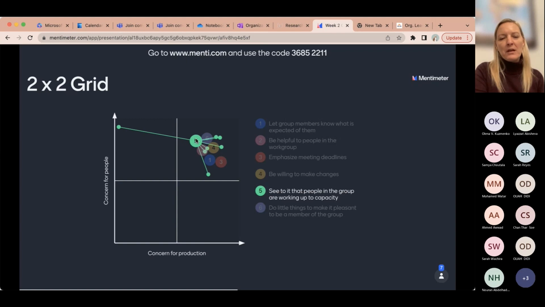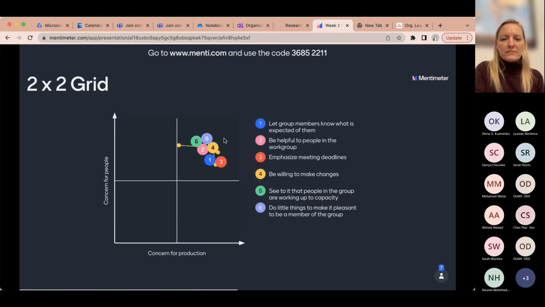Okay, I'm going to let you in on a little hint here. Number 3, number 1, and number 5 are all written from the concern for production perspective.